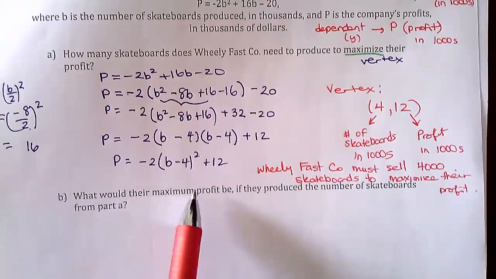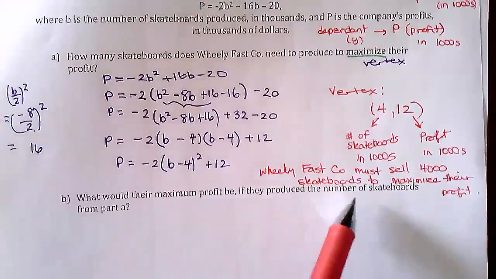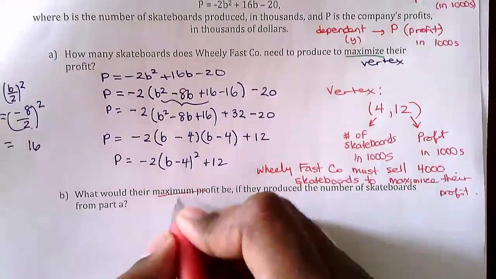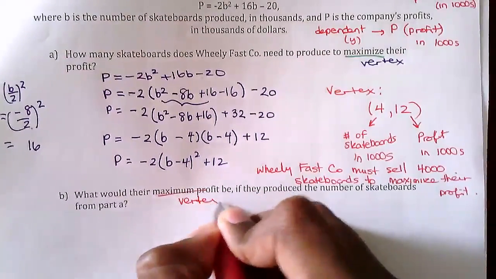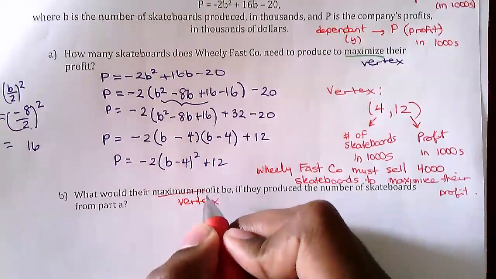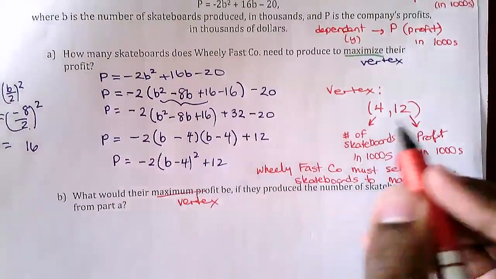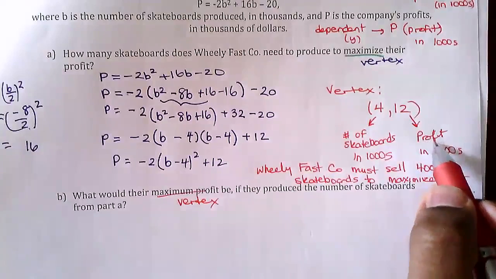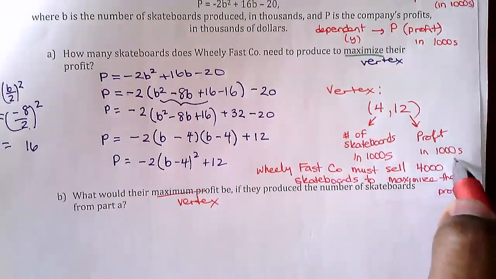Next, it says, what would their maximum profit be if they produce the number of skateboards in part A? So again, it's maximum. We're still talking about the vertex. So the profit is represented by the y, or dependent variable, which in this case is 12. But again, it's not just $12 profit, it's profit in thousands of dollars.